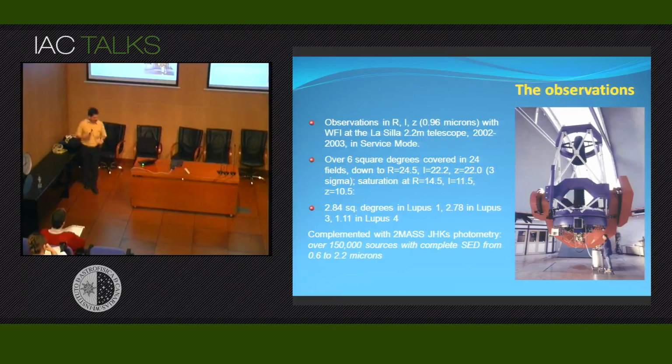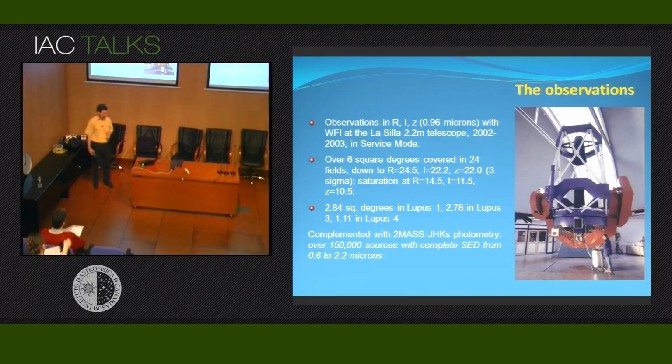They covered over 6 square degrees, in fact almost 7 degrees, adding together the area sampled in the 3 clouds, with rather faint magnitude limits, up to 20-something, 3 sigma detection, with a limit also in saturation, which limits our ability to detect the most massive or the most luminous objects in the clouds, which have been mostly covered by previous surveys anyway. So, in principle, these observations were designed, as I said, to complement the Spitzer observations.